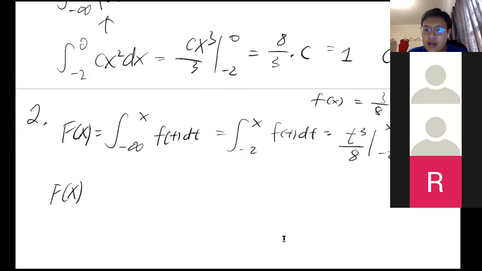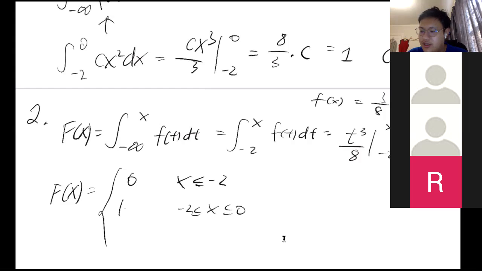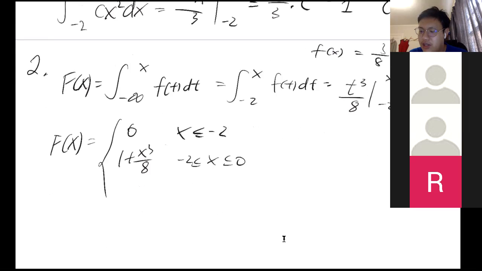So F(x) is equal to 0 when x is less than -2, because if x is below -2, we haven't encountered any positive probability yet. And when x is from -2 to 0, that's what we just calculated. And after you sum from -2 to 0, the cumulative probability has already reached 1.